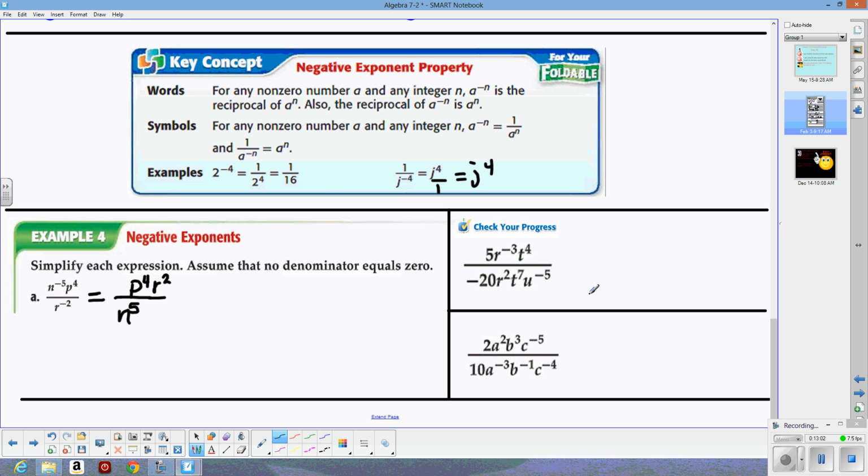This next one right here has quite a bit of simplifying to do. The first thing we're going to do is simplify the coefficients. The 5 and the negative 20 can be simplified because both of those numbers can be divided by 5. So I'm going to take this 5 and divide it by 5 and get 1, and the negative 20 divided by 5 is going to be negative 4.